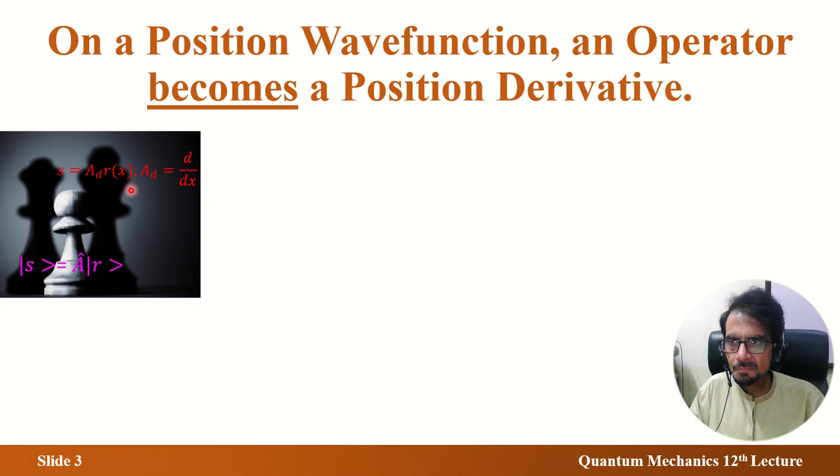When can an operator become a derivative? That's the question. And the answer is: when the operator acts not on a column but on a function, and in quantum mechanics we mean a wave function. The operator is represented by a derivative when it operates on a wave function.